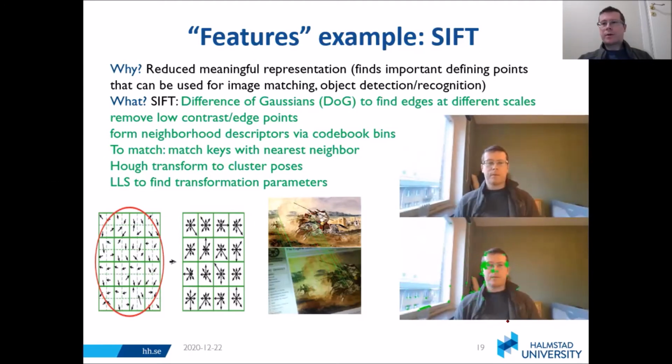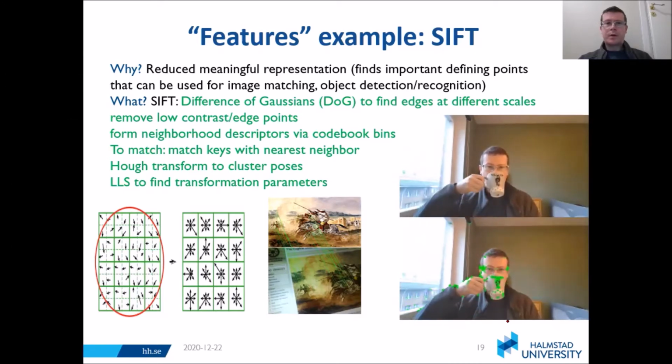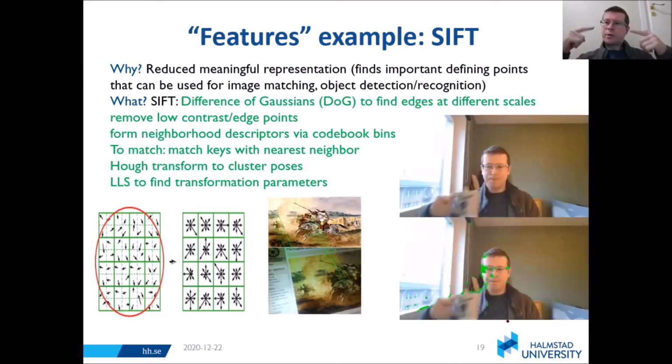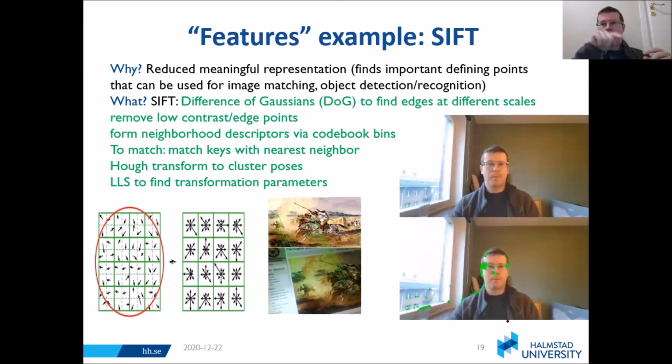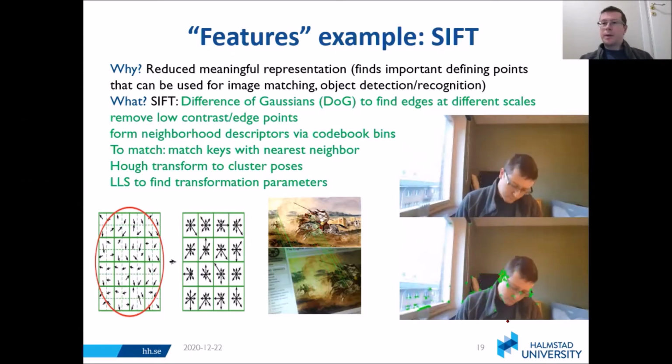How do you calculate SIFT? Well, you use a difference of Gaussians to find edges at different scales. Using gradually stronger Gaussians, you check the neighborhood within the scale space. And you remove low contrast points and points on edges, and you form neighborhood descriptors using codebook bins.